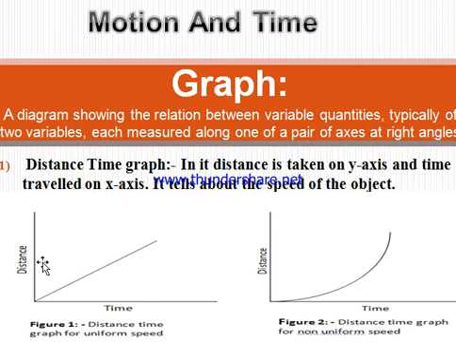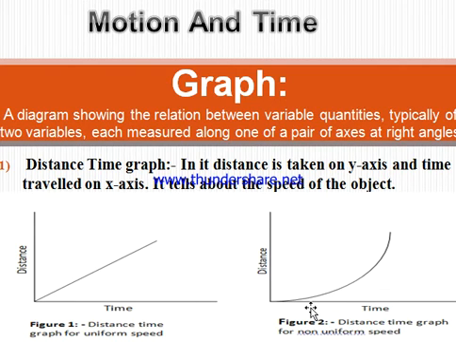So on one axis we have distance and on the other axis we have time. Check, with increase in time the distance is regularly increasing, which shows uniform motion. Uniform speed is there. When a body covers equal distance in equal intervals of time, it is known as uniform motion.